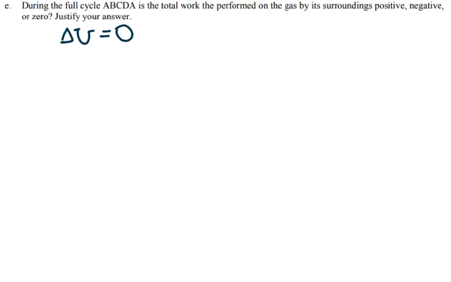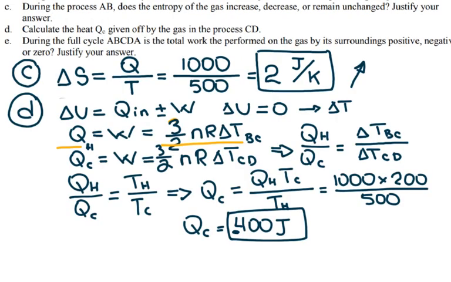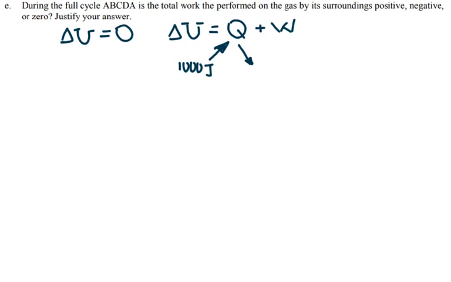And then again, if I use the law of thermodynamics, the internal energy of the gas is equal to heat added or taken away from the system, plus the work done on the system. And in this case, I have 1000 joules of energy added into the system and 400 joules of energy taken away from the system.